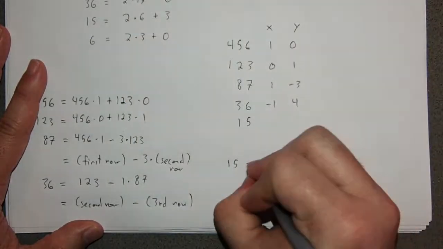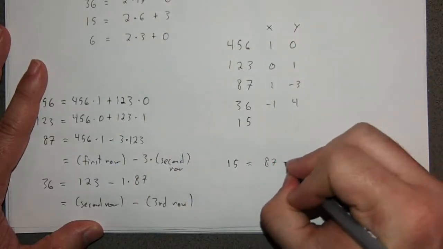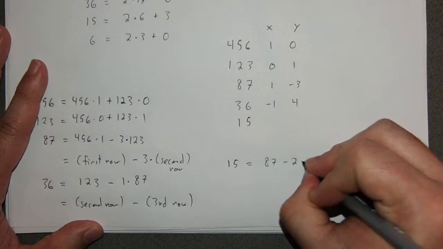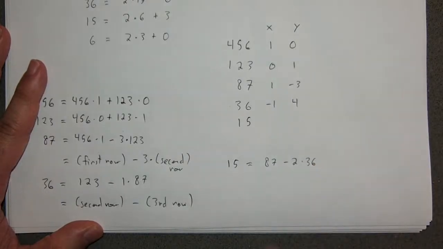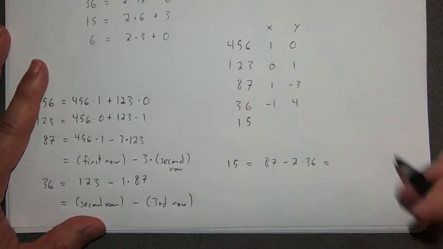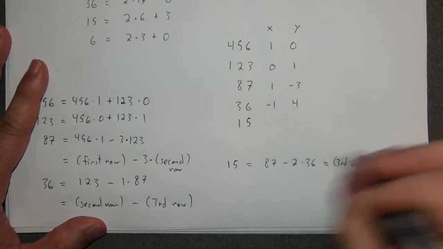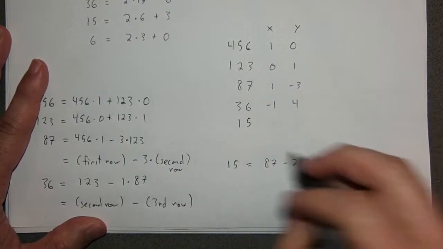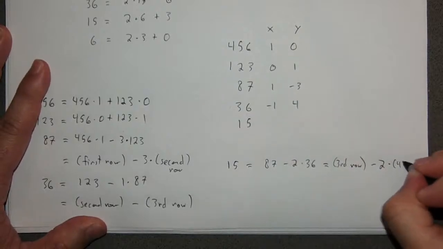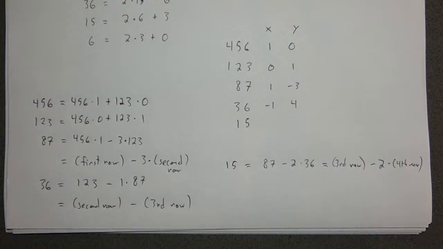So 15 can of course be written as 87 minus 2 times 36, which I can interpret as 87, which is third row, minus 2 times 36, which is fourth row. So it's third row minus 2 times the fourth row.